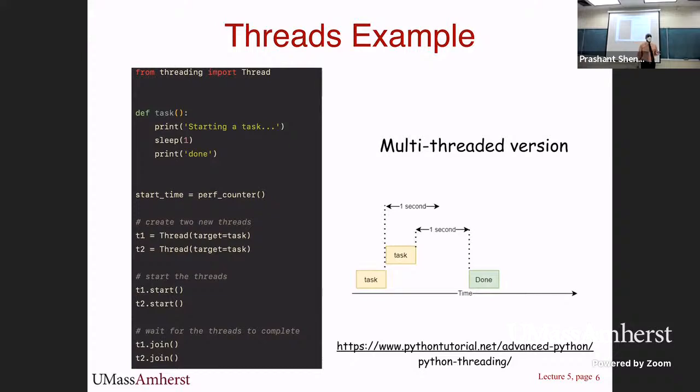So just because I removed the sleep, it's not going to be the same as sequential, because you do have the notion of time slices. Each thread only runs for the time slice that the OS gives it. It's not going to run to completion and disallow other threads from running. So you switch back and forth between threads. It's not the same, regardless of whether the sleep is in there or not.